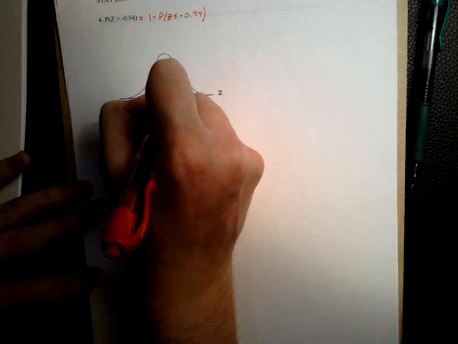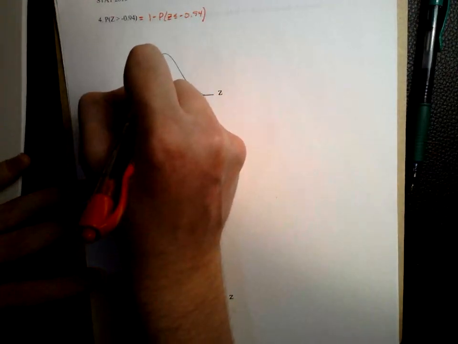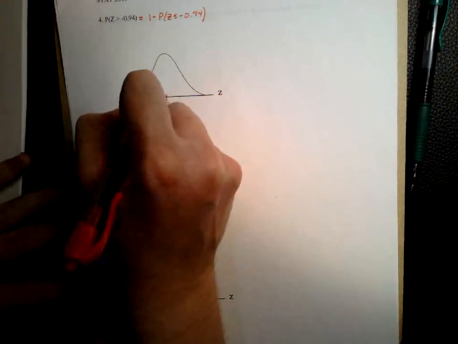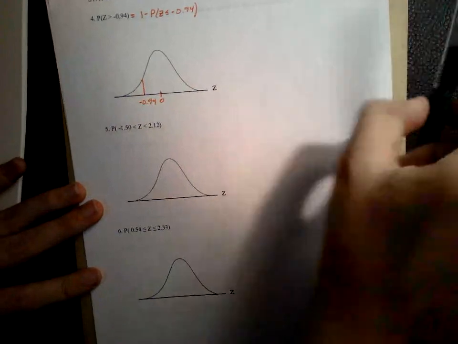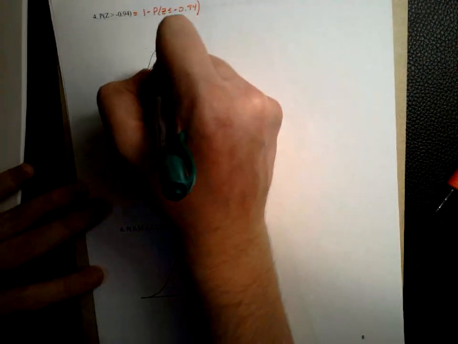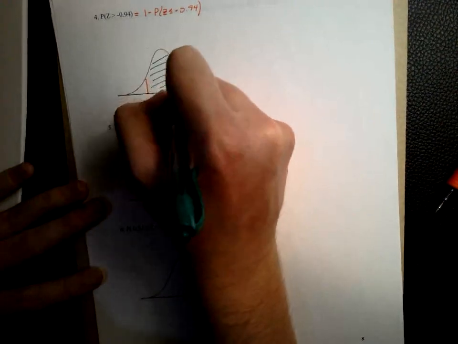And if we draw this pictorially, we have the same idea. Here is the mean of 0. Here is, say, negative 0.94. And we want the probability of z being greater than that. So we're looking at this area here on the right.